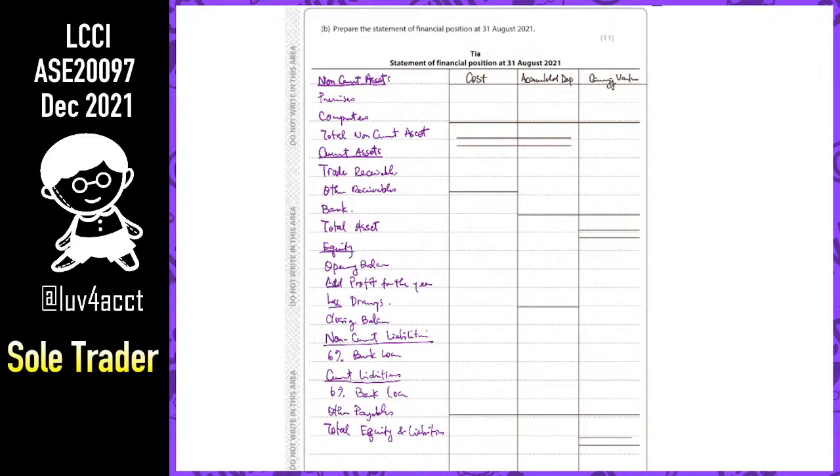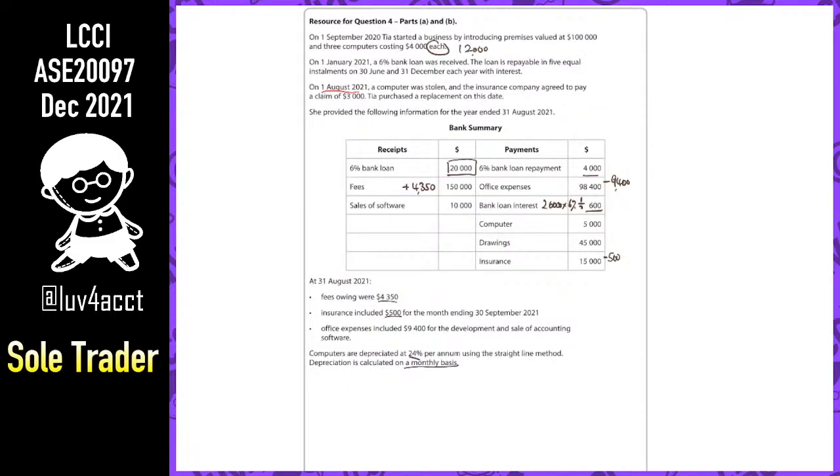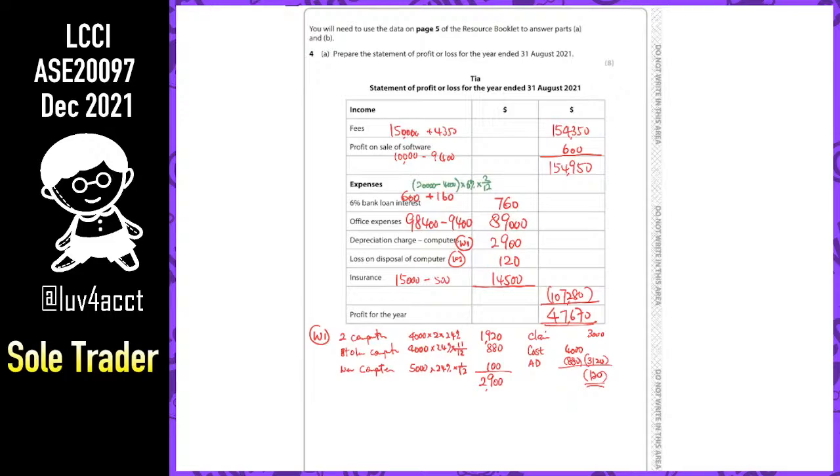First of all, you will have premises, and then computers. And then we will also look at the accumulated depreciation. For accumulated depreciation, we only have these two items, 1,920 and 100.